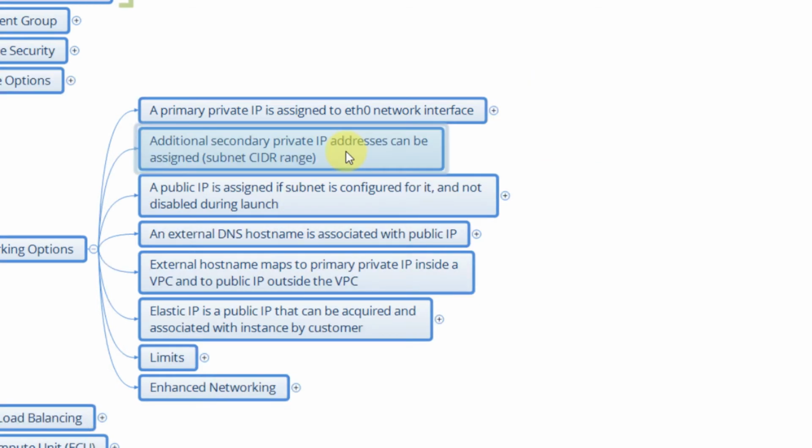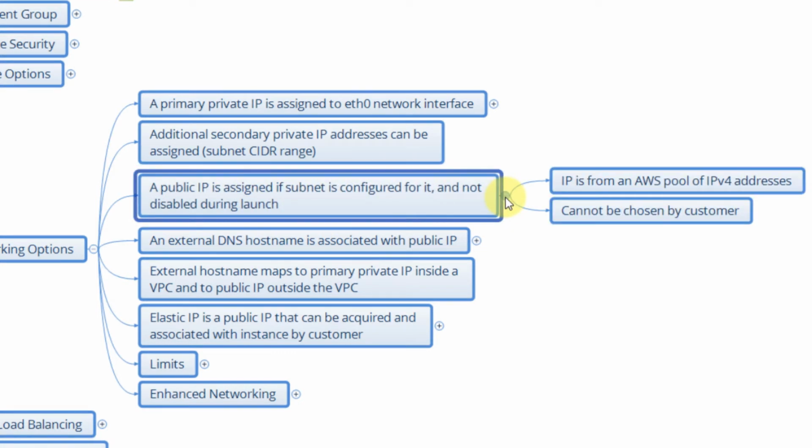You can also have additional secondary private IPs, but again, they must be from the subnet CIDR range, and these secondary private IPs can be associated with any of the network interfaces. Now, if a subnet is configured to assign a public IP to an instance in it, and you have not disabled the public IP assignment during instance launch, then you get a public IP assigned to the instance.